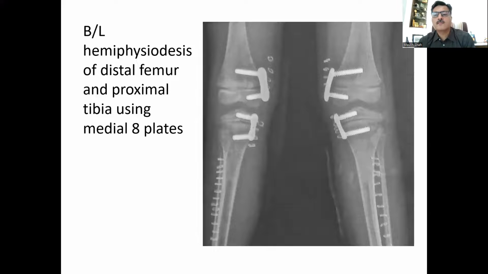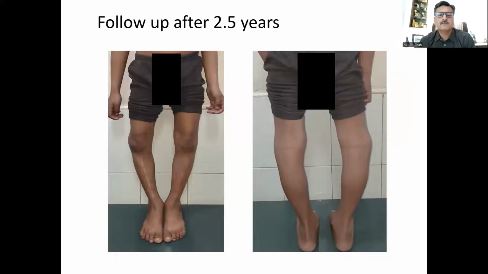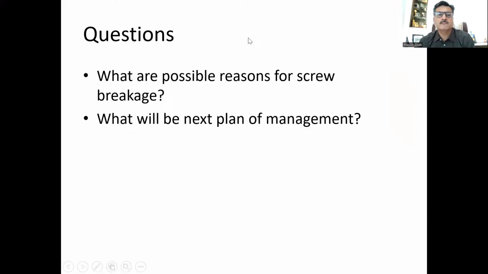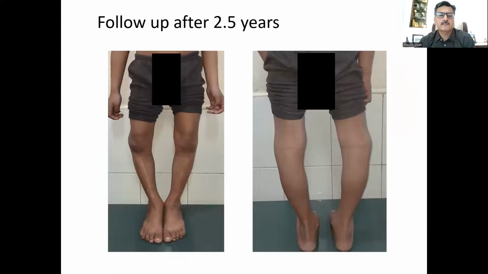We did a bilateral hemiepiphysiodesis of distal femur and proximal tibia using medial 8-plates. And the patient was lost to follow-up. After some time, the patient presented to us with a genu varum deformity on both sides, more on the right side compared to the left side.